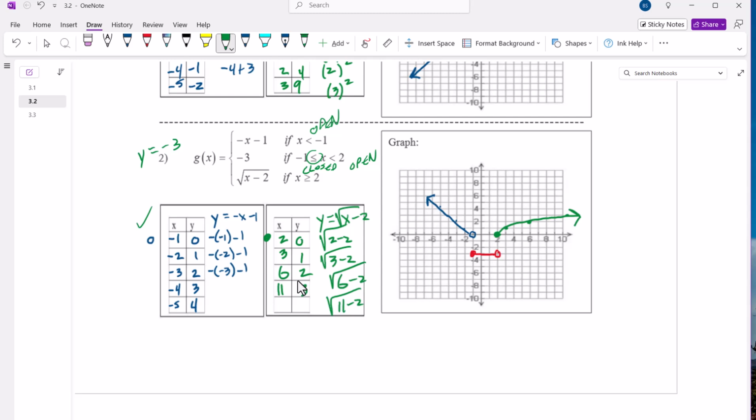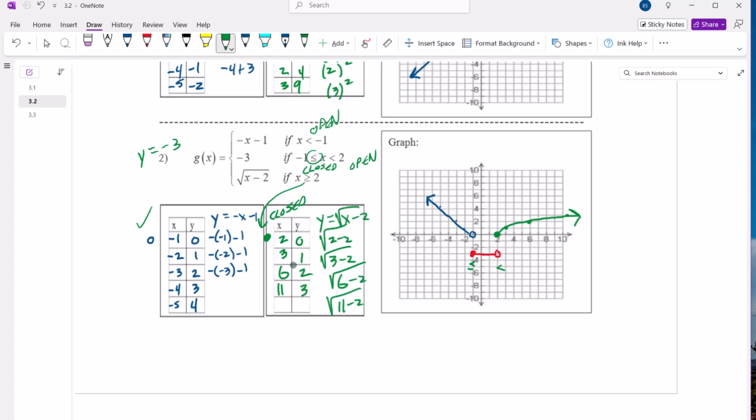So notice that this kind of represented the less than, and that right there represented the less than or equal to on that part of the graph. And then 2 and bigger on the square root, but make sure that the less than or equal tells you that that is closed. So that's how the graph would go. Do your table of values, do your calculating. Again, it's plotting points and doing arithmetic.